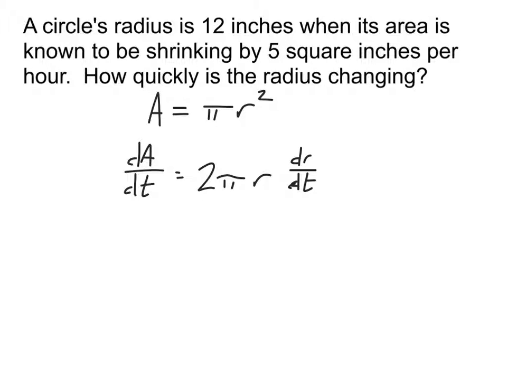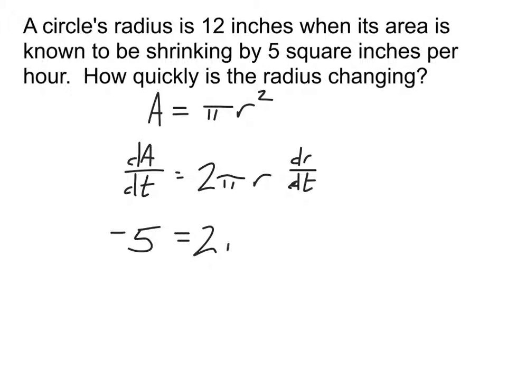So that means dA over dt, but even that I got to tweak just a little bit, right? Because if it's shrinking, it's a -5. So we're decreasing by 5, so I'd say dA over dt is -5.